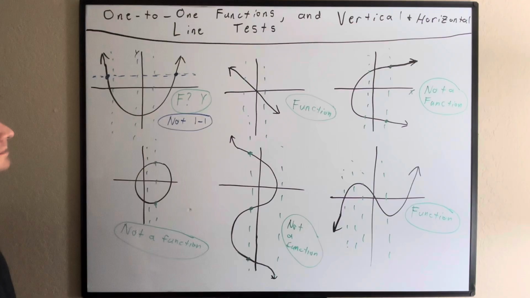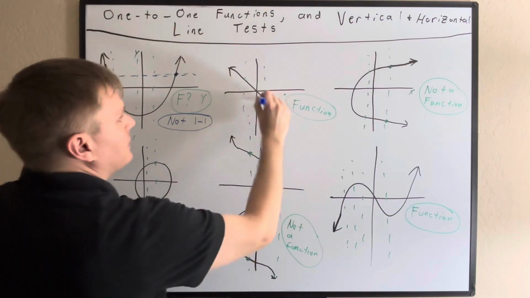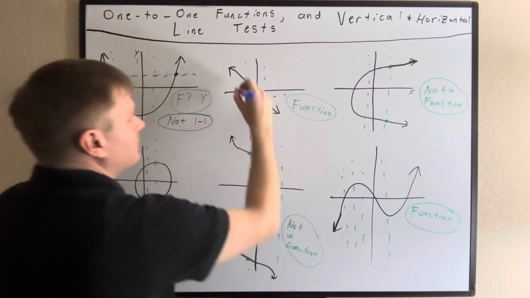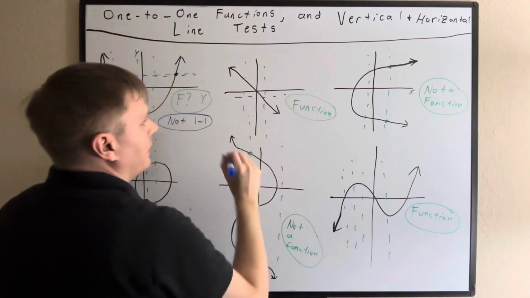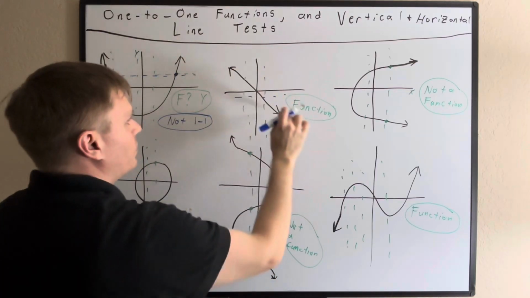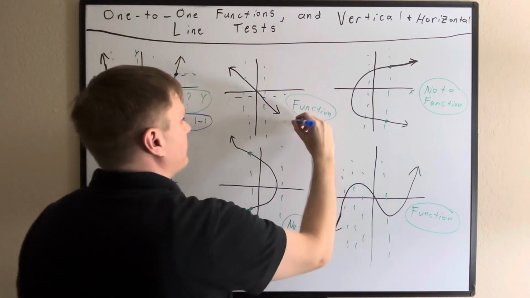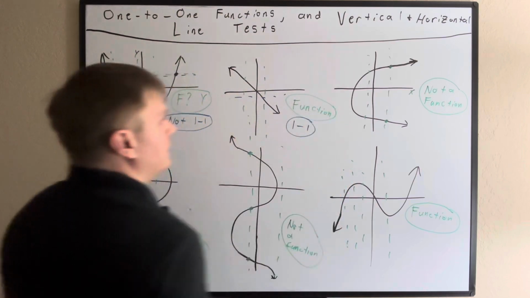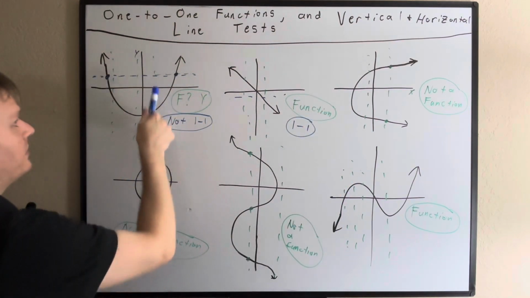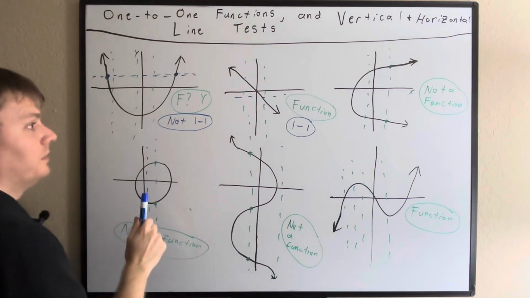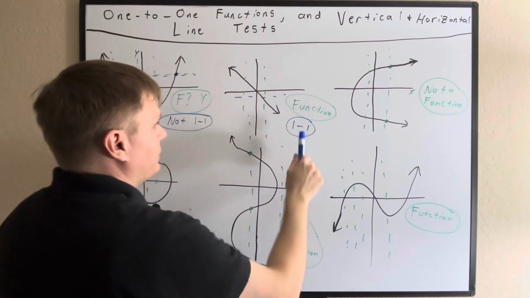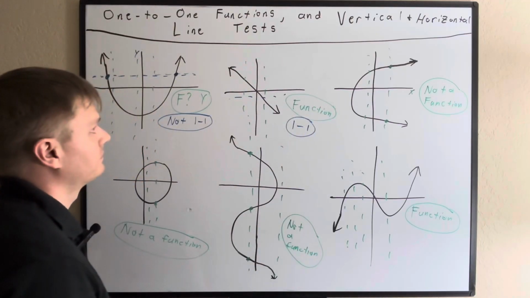It's that simple. About this line here, no horizontal line will ever cross this graph twice, so that is one-to-one. So we have an example of something that is a function but not one-to-one, and something that is a function and is one-to-one.